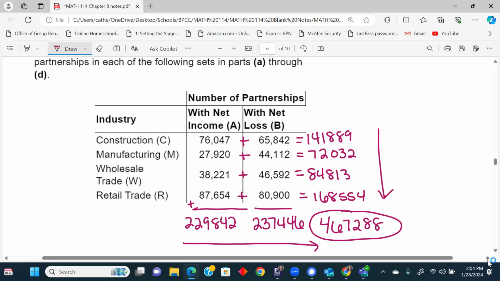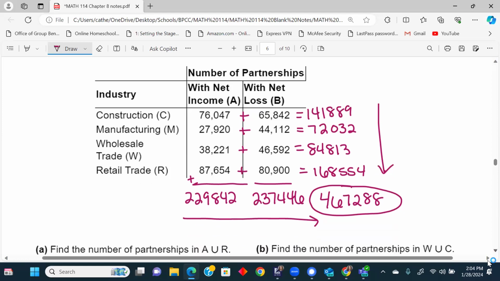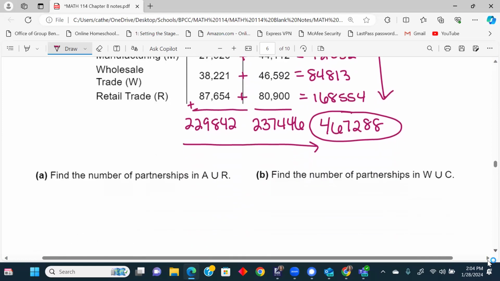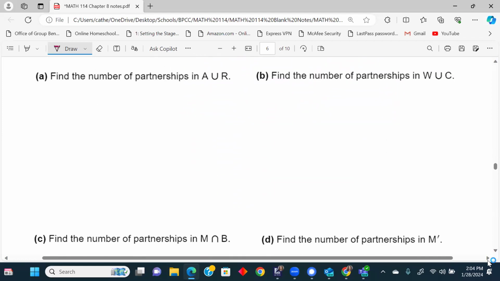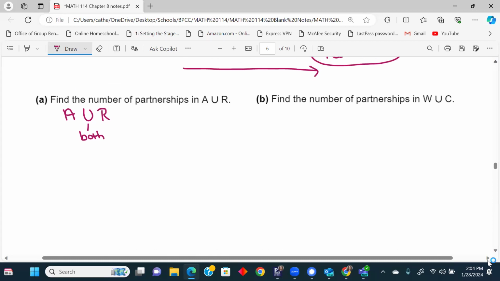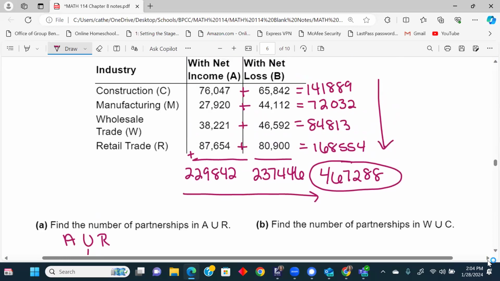All right. Find the number of participants in A union R. So this is a union, so that's going to be both in A and R. We need to add A and R together.